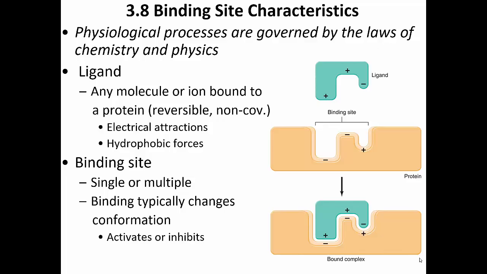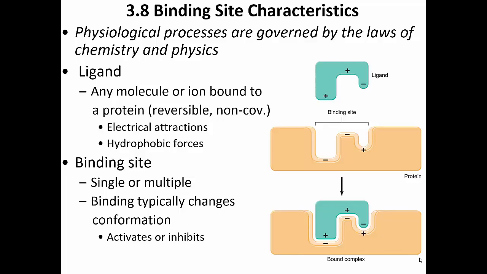Vander likes to remind us that physiological processes are governed by the laws of chemistry and physics, and perhaps nowhere in physiology do we see that more prominently illustrated than in the binding of a ligand to a receptor. We define a ligand as any molecule, or perhaps an ion, that's bound to a protein in a reversible, non-covalent fashion.